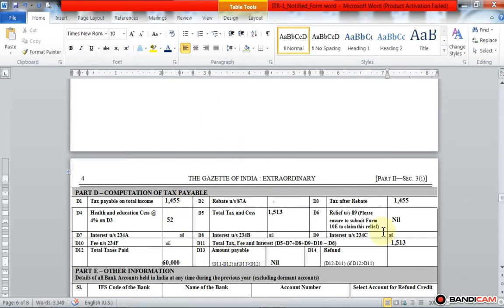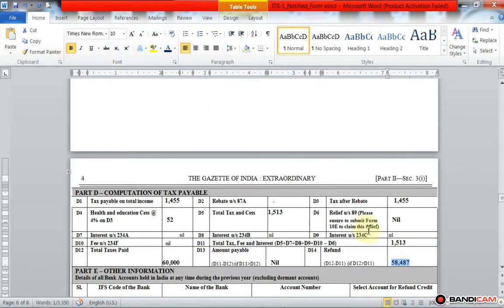Okay, so here 60,000 minus 1,513, here we get a refund of tax amounted to rupees 58,487 to the SSC.